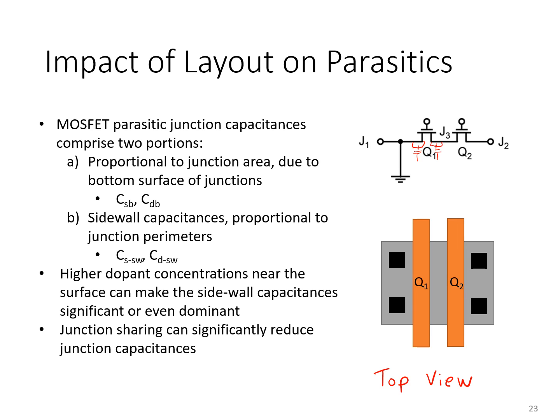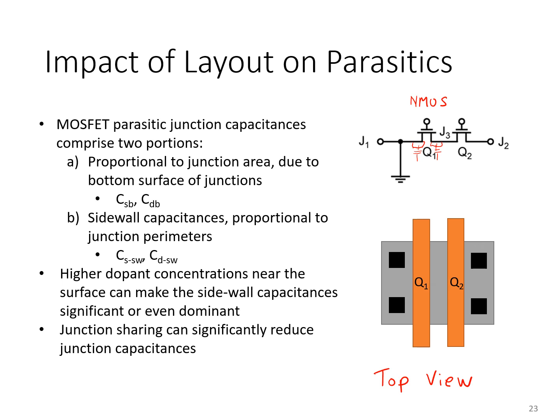And so shown here in gray, in this case these are NMOS transistors, are heavily doped N-type regions that serve as the source and drain of the two transistors. And shown in orange are the gates that pass over the heavily doped regions and thereby interrupt them, creating channels that can be turned on and off depending on the voltages applied to the Q1 and Q2 gates.